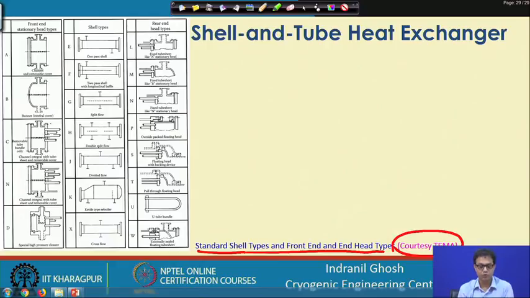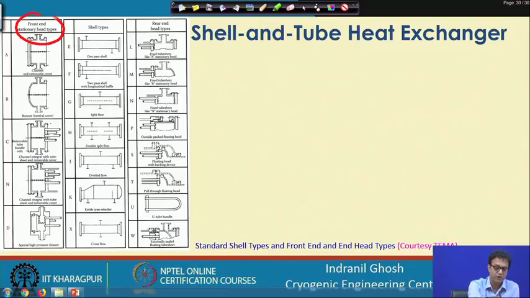TEMA has given many standards, and according to that standard we have different types of front stationary heads, and then we have the rear heads and the shell types. As you have seen in the previous slides, we have one entry side, one exit or rear side, and then we have different types of shell sides. These are as per the specification or the standards.